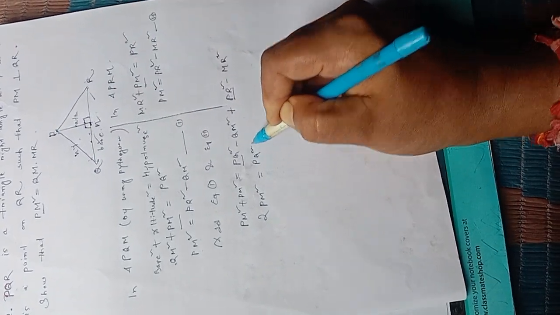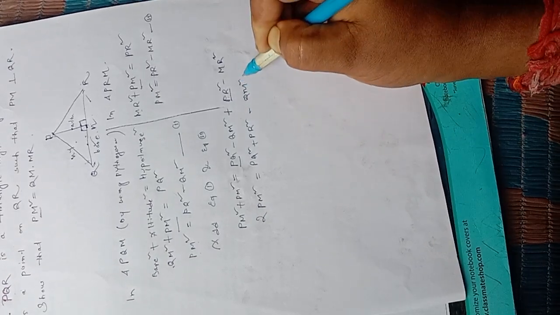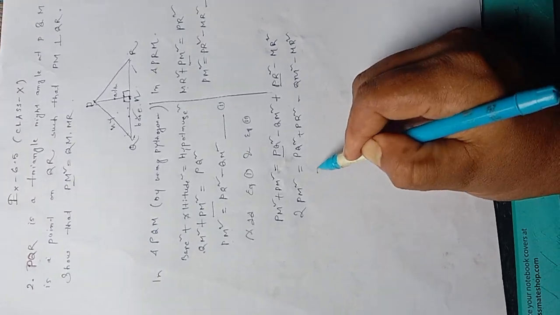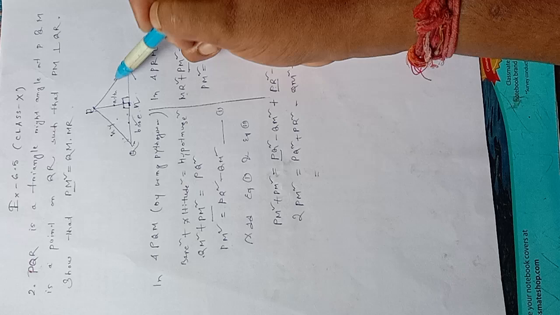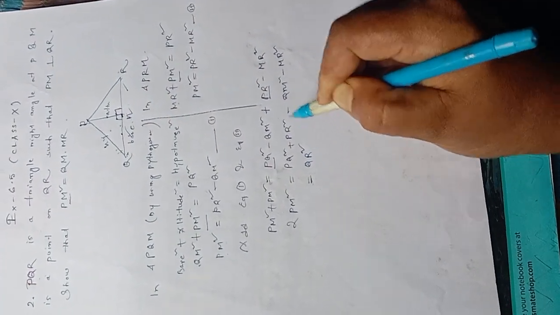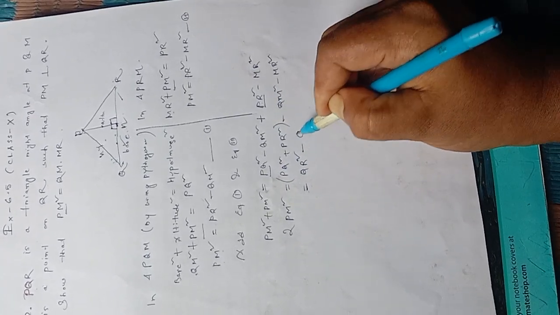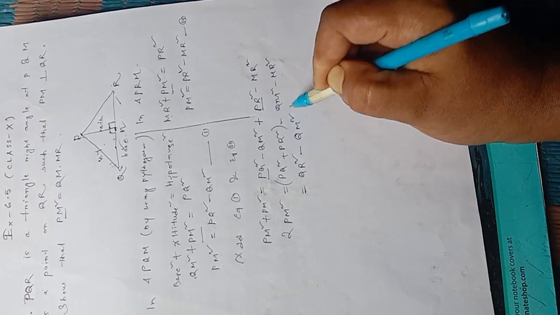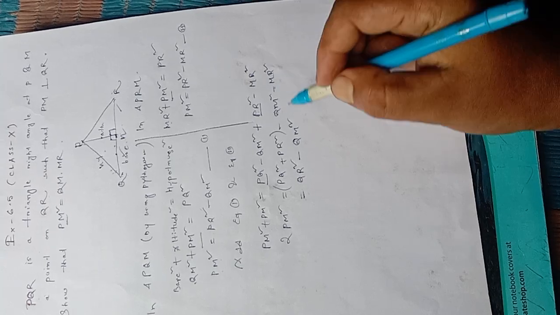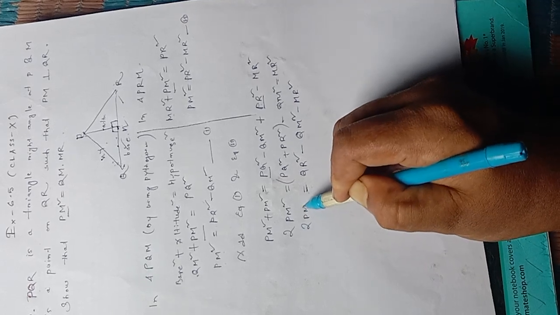We will write PQ square plus PR square minus QM square minus MR square. Now PQ square plus PR square will become QR square. So you write QR square minus QM square minus MR square. Here it will be 2PM square.